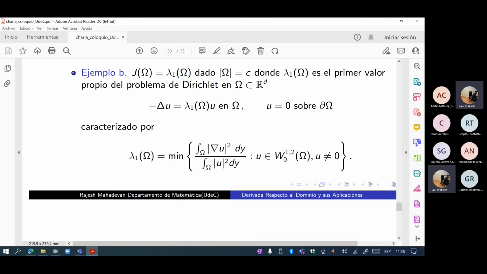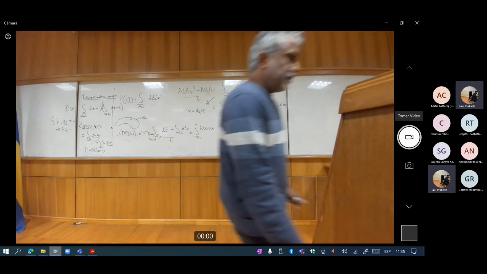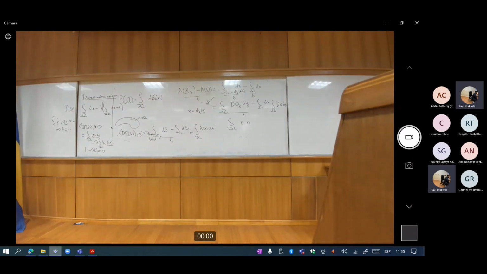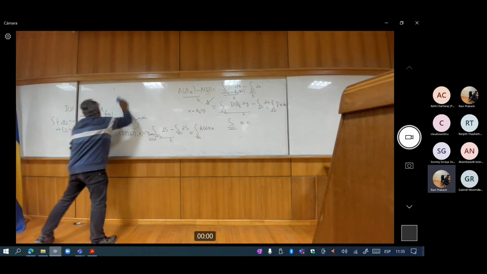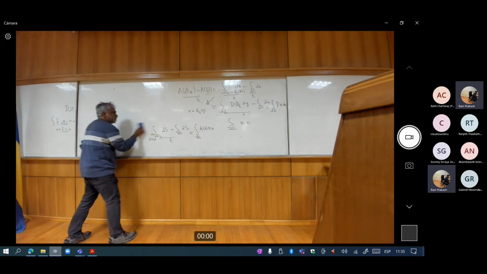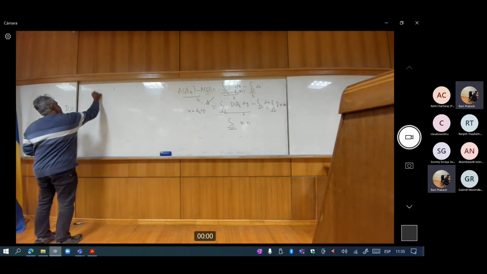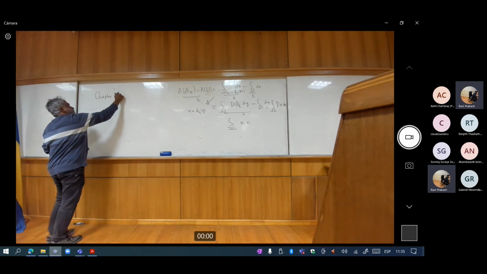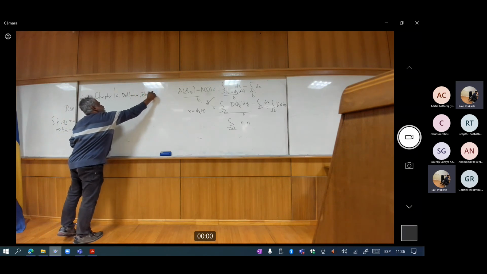And without going into the details, one can show, in fact some of these ideas are in chapter 10 of the book I mentioned, Delfour and Zolésio, Shapes and Geometries.